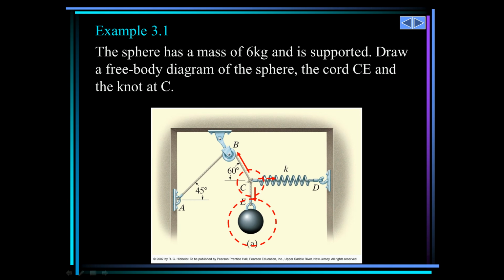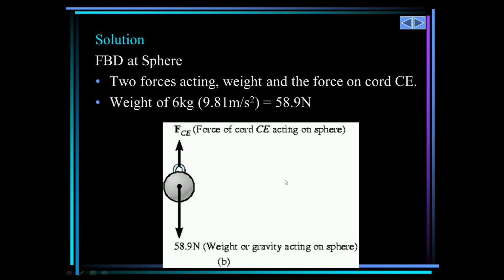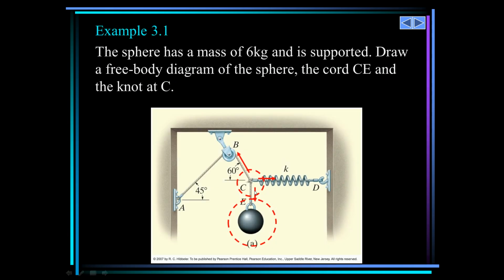So we cut C from the system and pull the C point out of the picture, and then we can have the diagram. Of course, when we cut C, the sphere will be dropped to the ground.